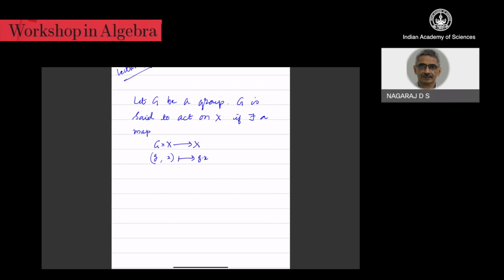That means the group element takes an element x in X to some other element, which we denote by g dot x, satisfying the following.